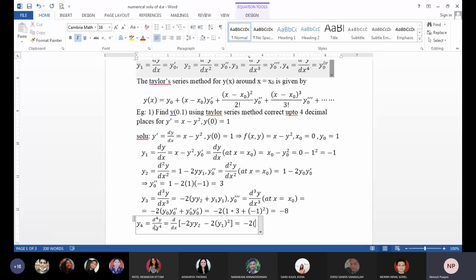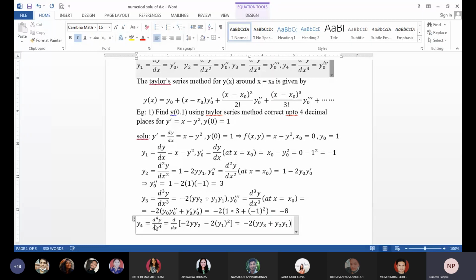For the first term we will have to apply u into v. So the derivative of y into y2 is y into derivative of y2, which gives me y3, plus y2 into derivative of y.